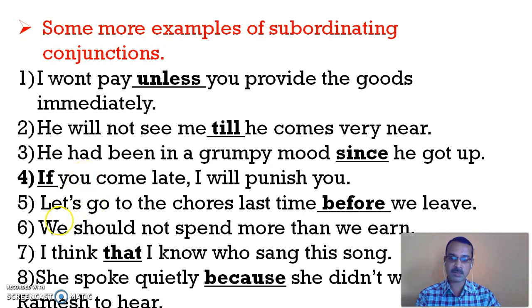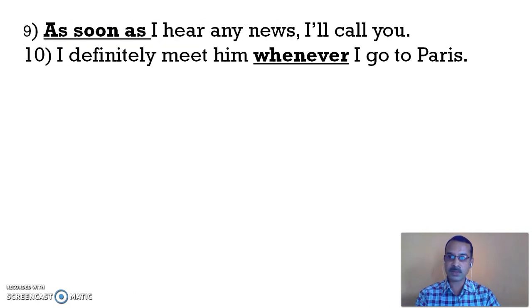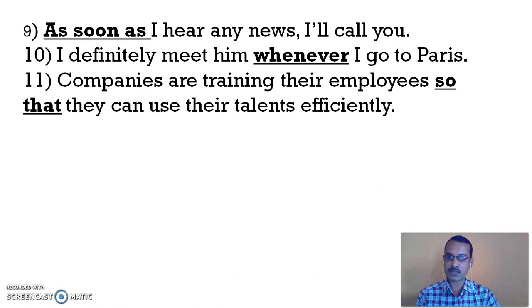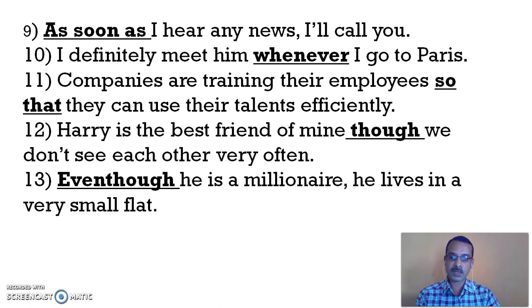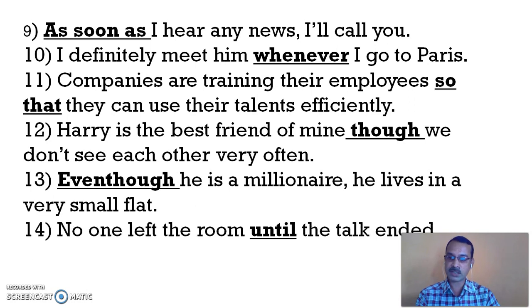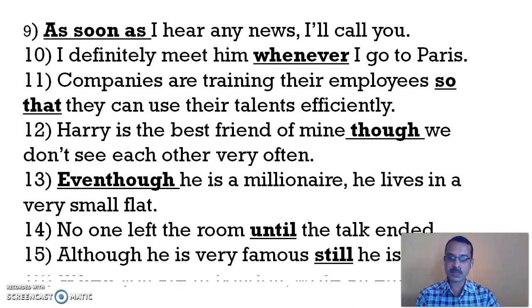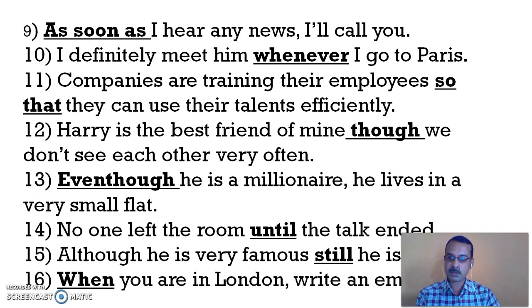In every example, you will find there will be two clauses. I will give you some more examples of subordinating conjunctions. In this example also, we have different subordinating conjunctions, and by practice you can solve the questions.